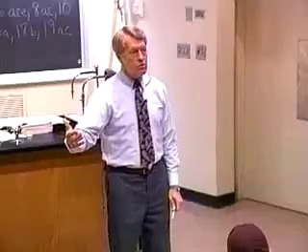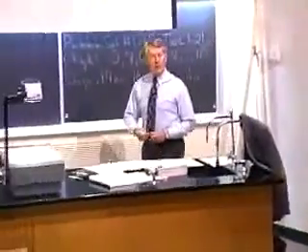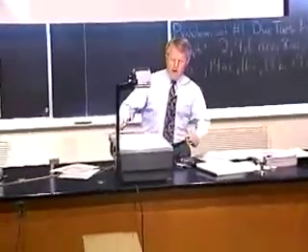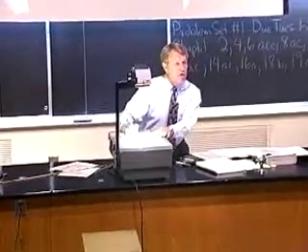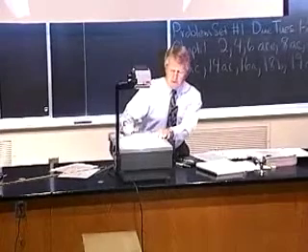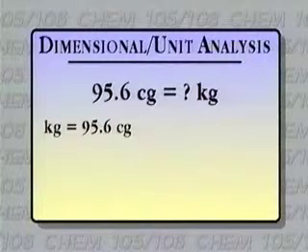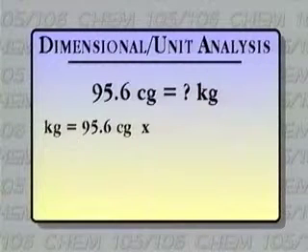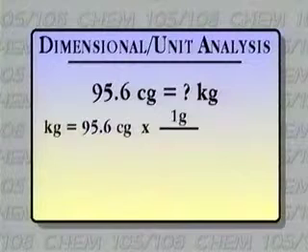So we can use conversion factors in whichever form we need to get the units that we want. What I'm going to do here is first convert from centigrams to grams. So we have 95.6 centigrams multiplied by, all right, 1 gram contains how many centigrams?